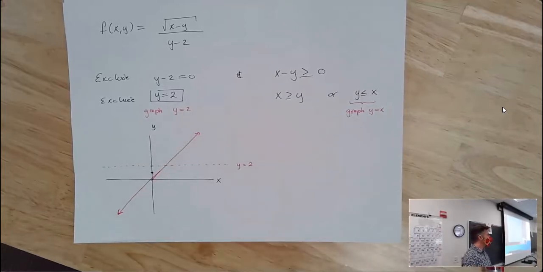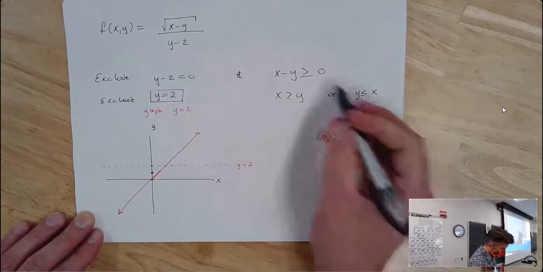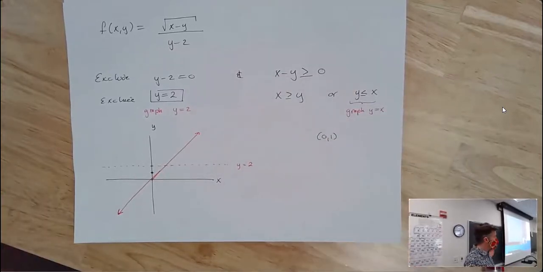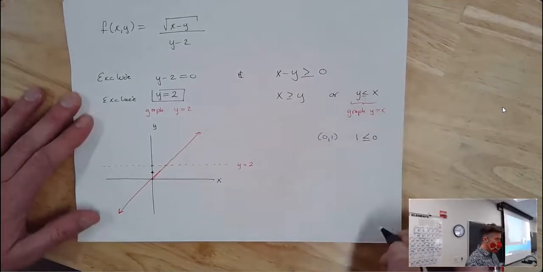Is that point in the domain? Or alternatively ask, does the point 0, 1 satisfy this inequality? If x is 0 and y is 1, are we good? No, we're not good, right? If x is 0 and y is 1, we have 1 less than or equal to 0. That's not right.